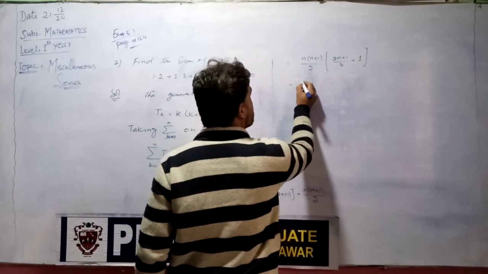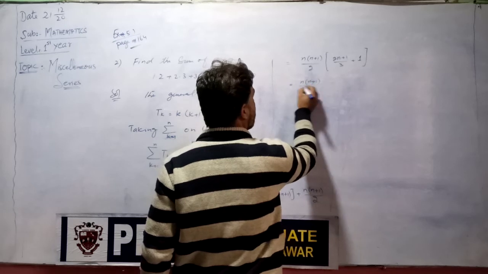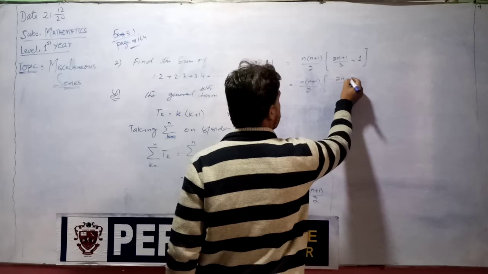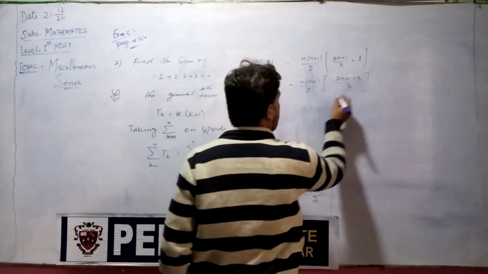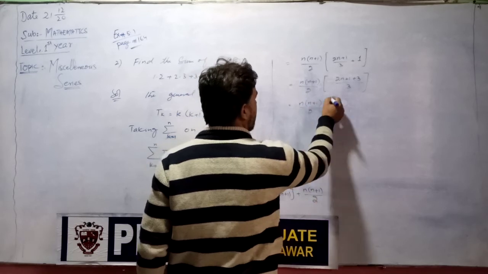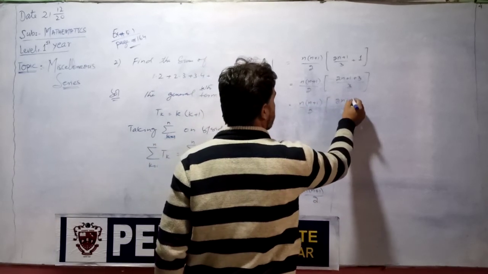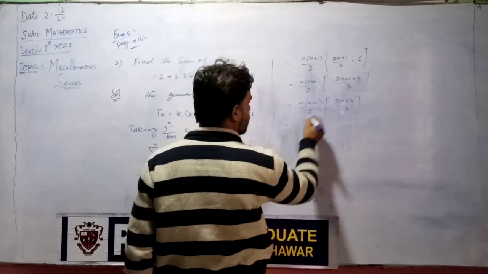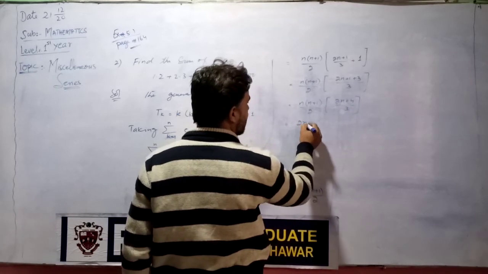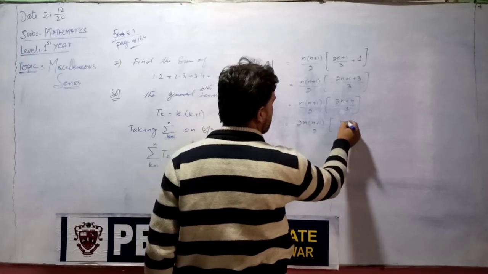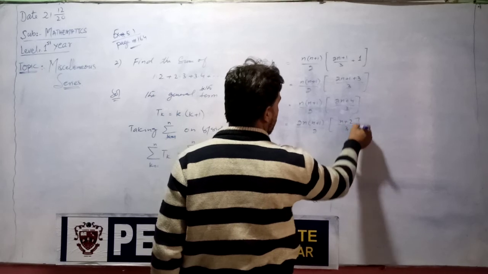So simplifying, n into n plus 1 divided by 2, and here 2n plus 1 plus 3. So this is n into n plus 1 divided by 2, and here 2n plus 4 divided by 3. You see 2 is common, so we are left with n plus 2 divided by 3.